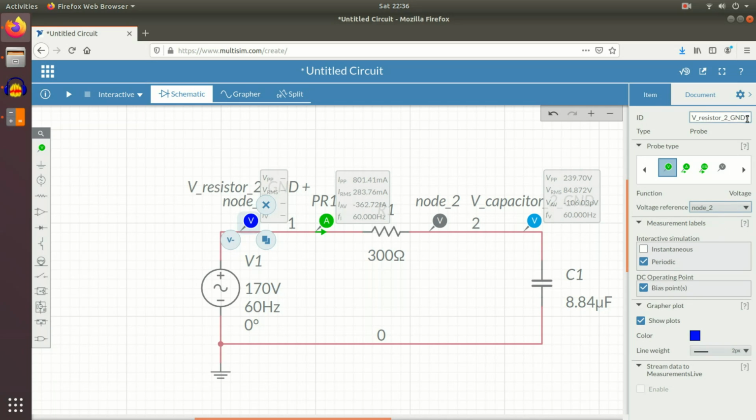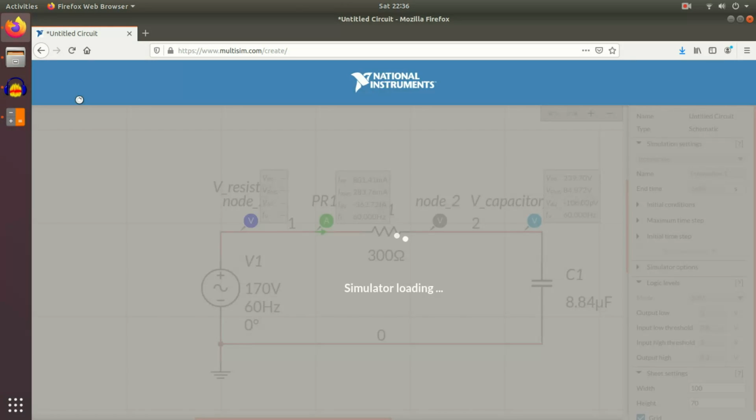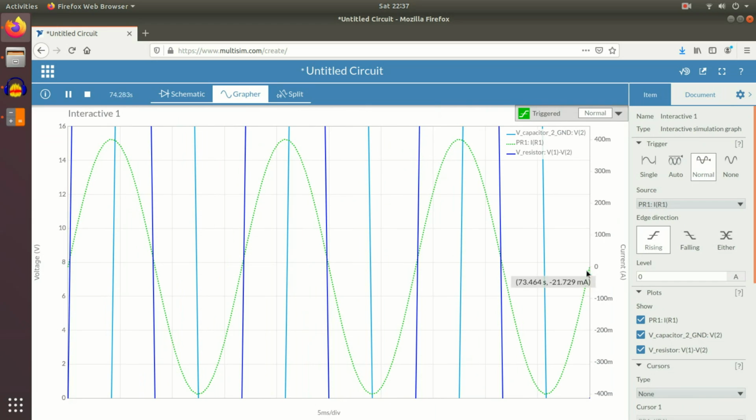And instead of having it referenced to ground, we're going to reference it to node 2. And then we'll change the name back to just voltage resistor. So that's more appropriate. That's what we're really measuring now. And we run it. And there it is. There's the 85 volts across the resistor, which is again really just node 1 to node 2. And there's the voltage across the capacitor, which is node 2 to the ground node.